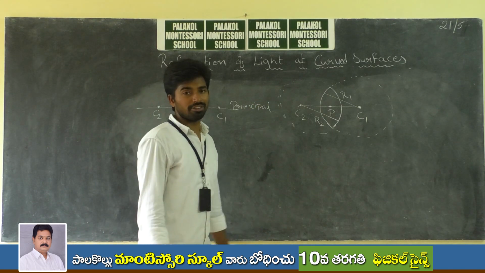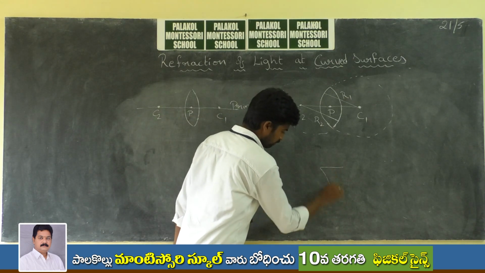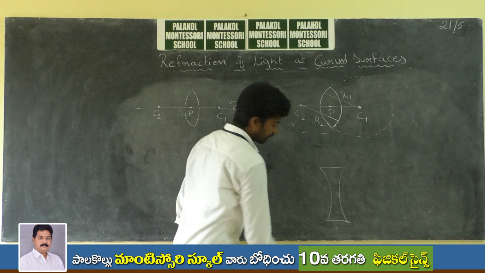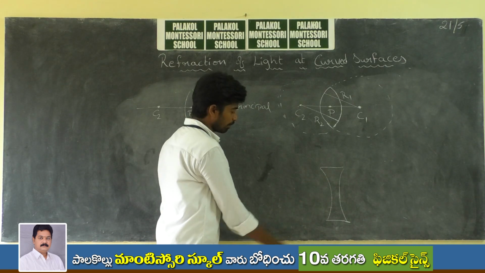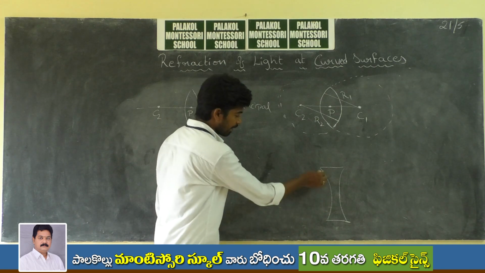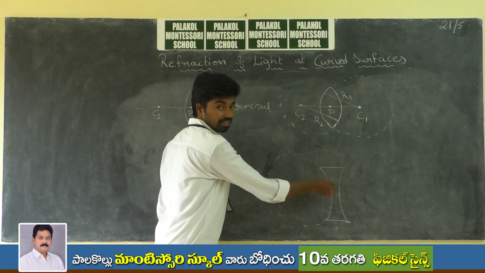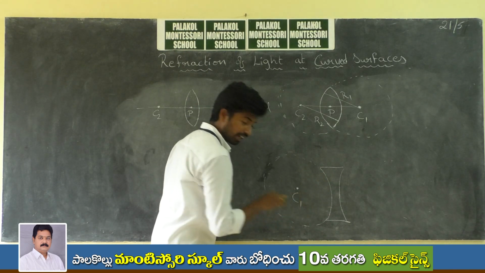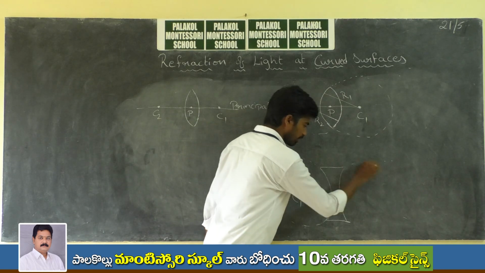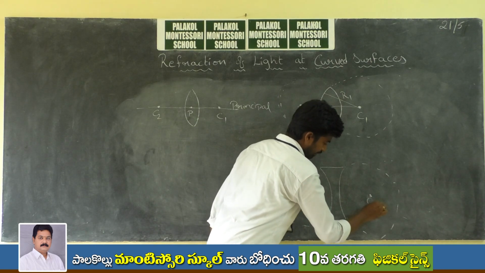Similarly, there will be centers of curvature for a concave lens also. Here, if you observe the first surface, the sphere will be like this. Hence, the center of curvature of the first surface will be in the left hand portion, whereas the center of curvature of the second surface will be in the right hand portion.